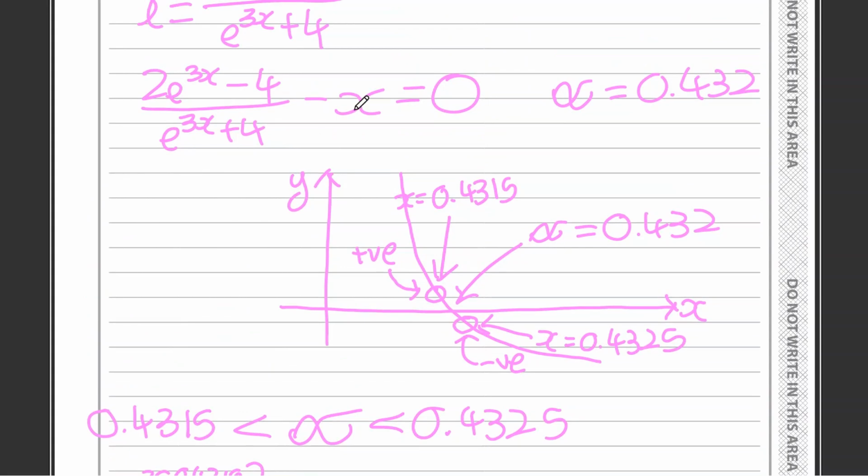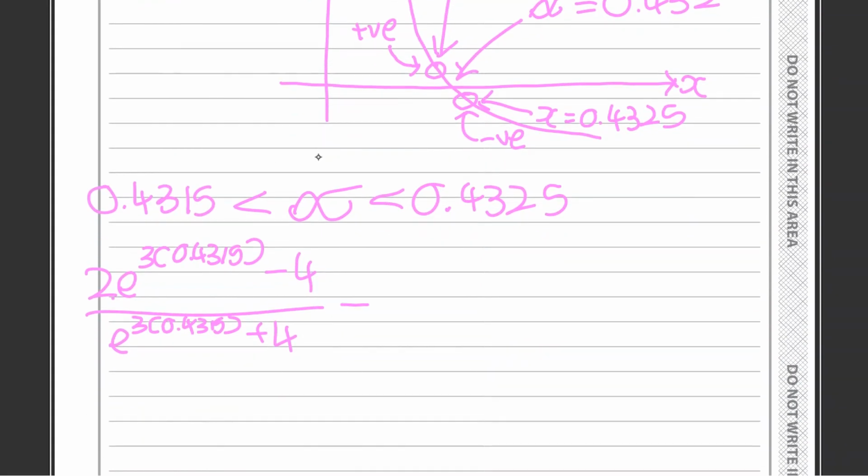We're also going to minus x from this, so minus 0.4315. If you put this into your calculator, you get a value of minus 2.9747 times 10 to the power of minus 4. So this here is negative.